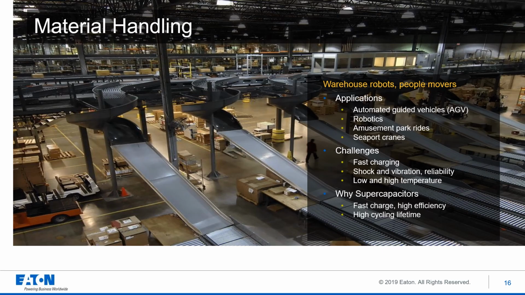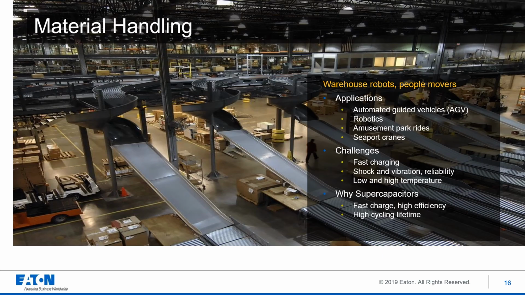One of the newer applications in the last 5 years is in material handling. As online shopping increases, automated warehouses have seen huge growth. Supercapacitors are powering robots to move material on pallets in traditional automated guided vehicles, or AGVs, and in ASRS, or automated storage and retrieval systems.